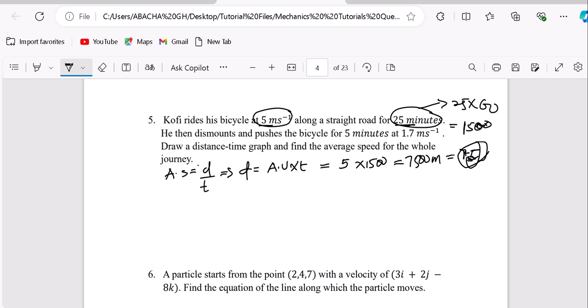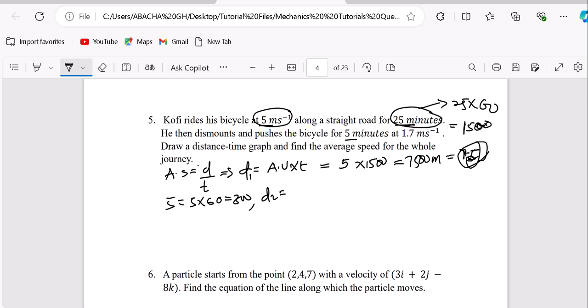Now the distance for the second part, it was 5 minutes. So you have to convert it: 5 minutes into seconds is 5 times 60, which is 300. We can call the first distance d1.